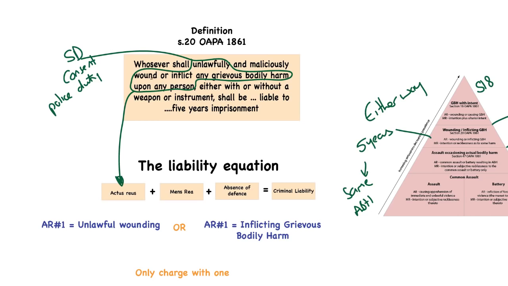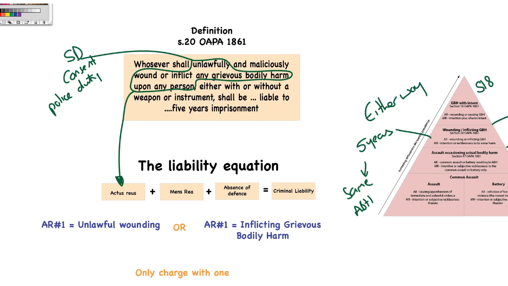But so therefore we are looking at a wound or the infliction of any grievous bodily harm upon any other person. So our key two elements to demonstrate in terms of the actus reus is that a victim has been unlawfully wounded, or that they have had grievous bodily harm inflicted upon them.